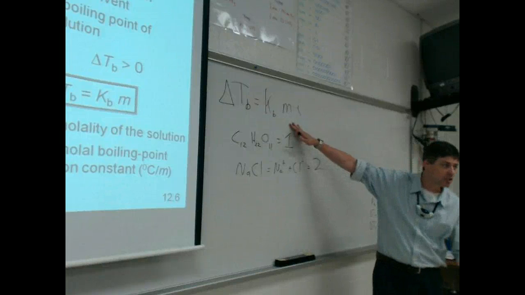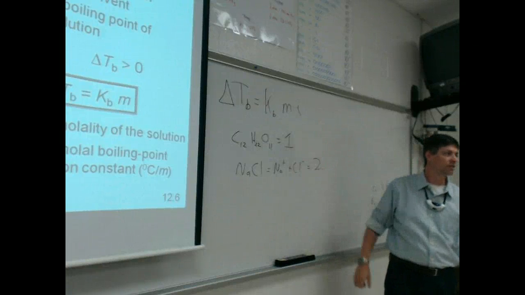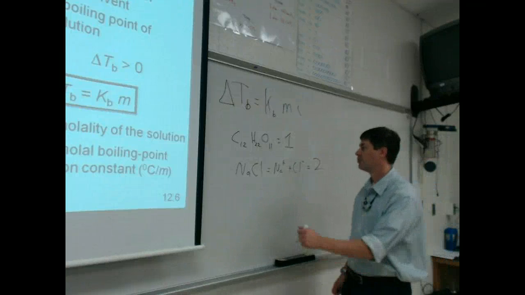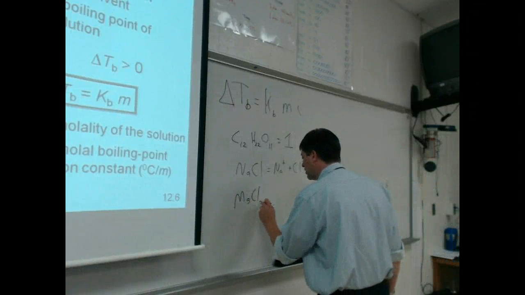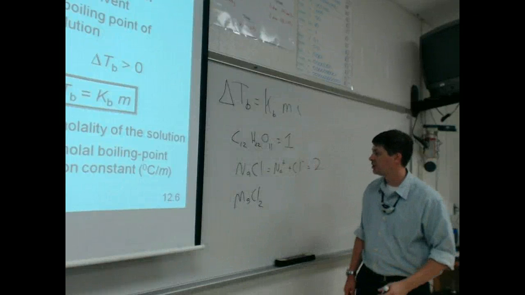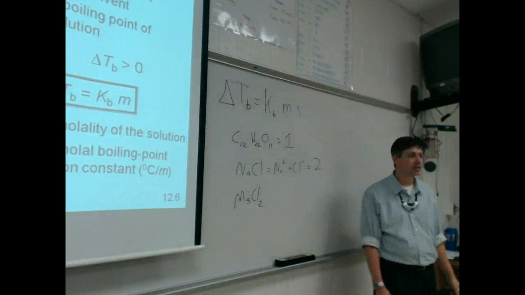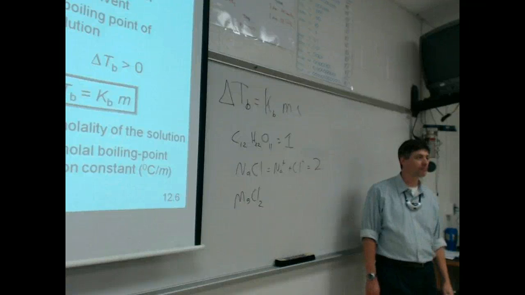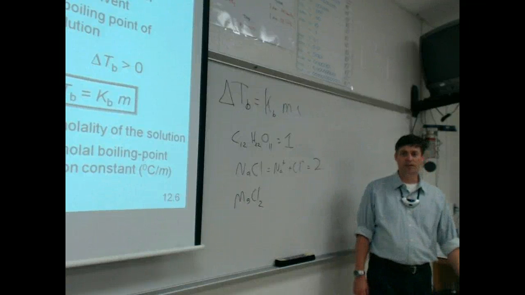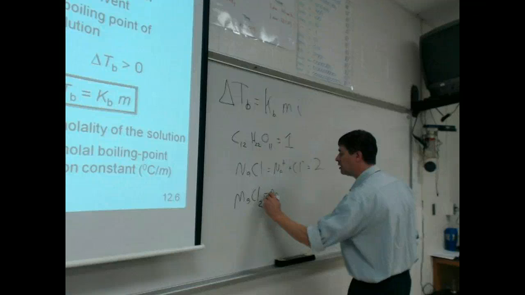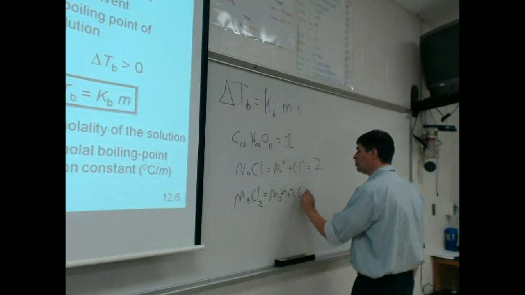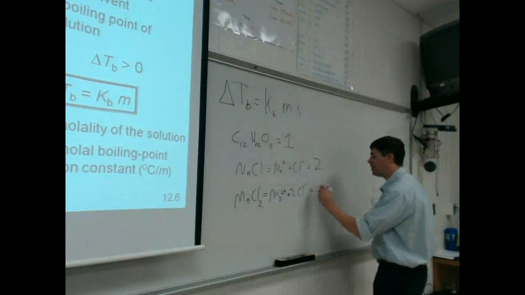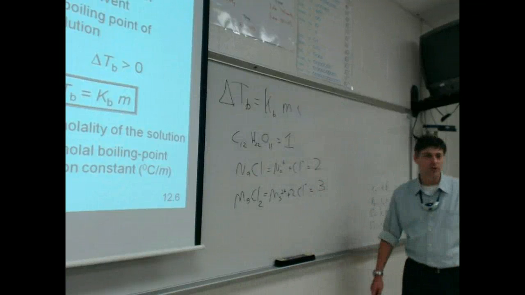With colligative properties, it only matters the number of particles. All right, what if I have magnesium chloride as my solute? What's my Van't Hoff factor going to be? 3, because I'm going to get a magnesium 2+ ion plus 2 chloride ions. My Van't Hoff factor would be 3.